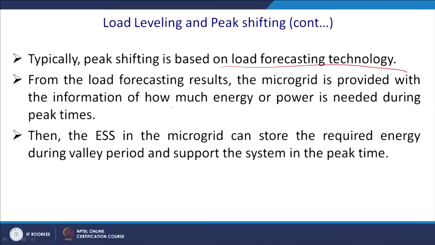So for this reason you should have an actual accounting of the historical data, and based on that you will use an intelligent system to do that. From the load forecasting results, the microgrid is provided with information on how much energy or power is needed during the peak time, which you should know from the average value. This was a peak, and this much peak was crossed on that day.